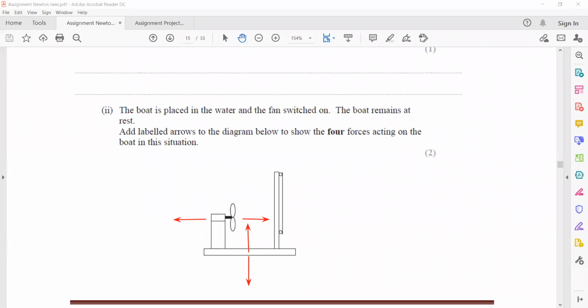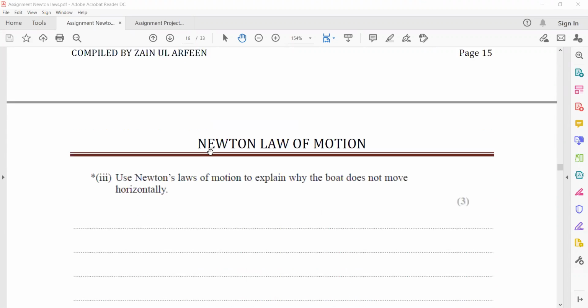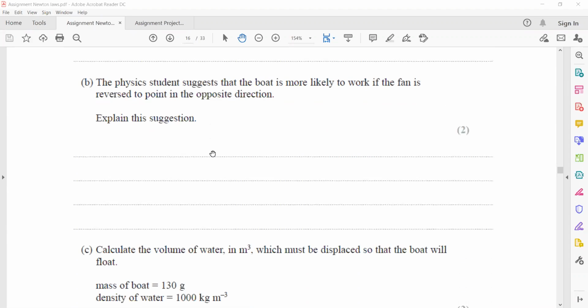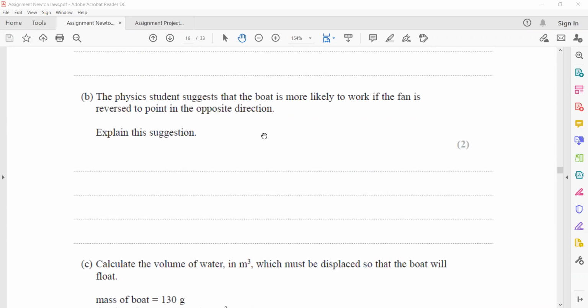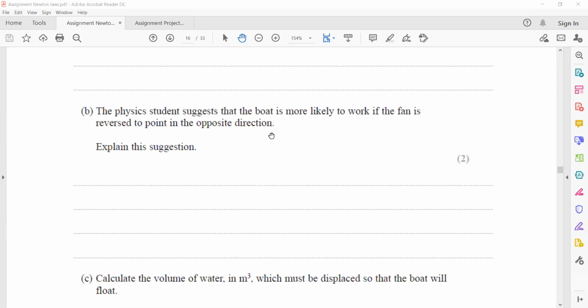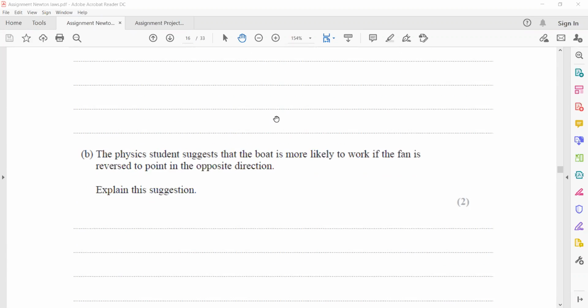Next is page 16, question 16b. A physics student suggested that the boat is more likely to work if the fan is reversed, meaning in the opposite direction. Suggest this explanation.